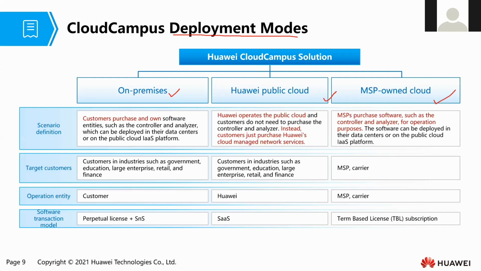On-premise deployment mode is where the customer purchases its own software. Basically, the customer purchases the NCE-Campus and deploys it inside their data center. Once this NCE-Campus is deployed in their data center, they will use this NCE to manage their own devices.